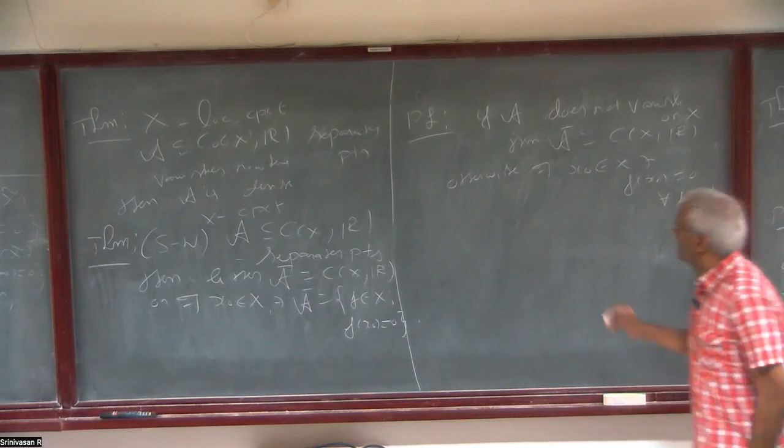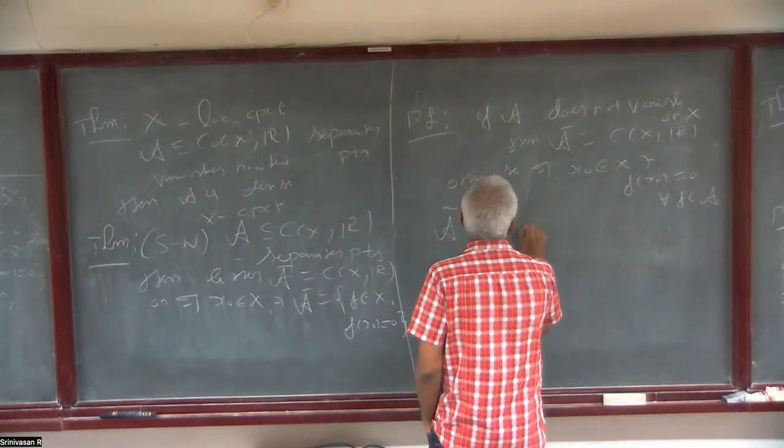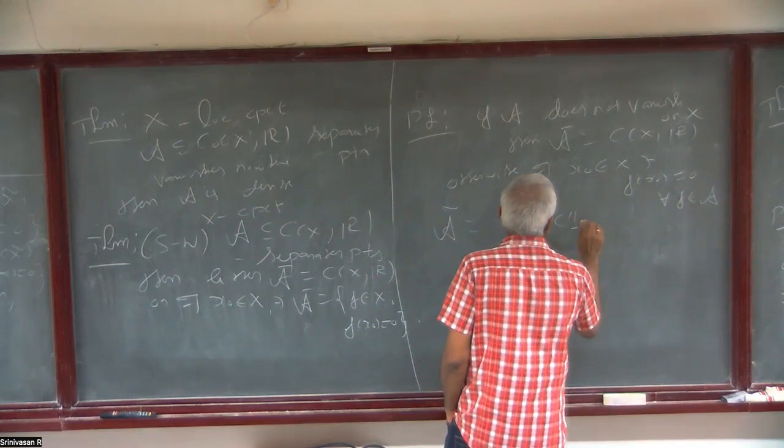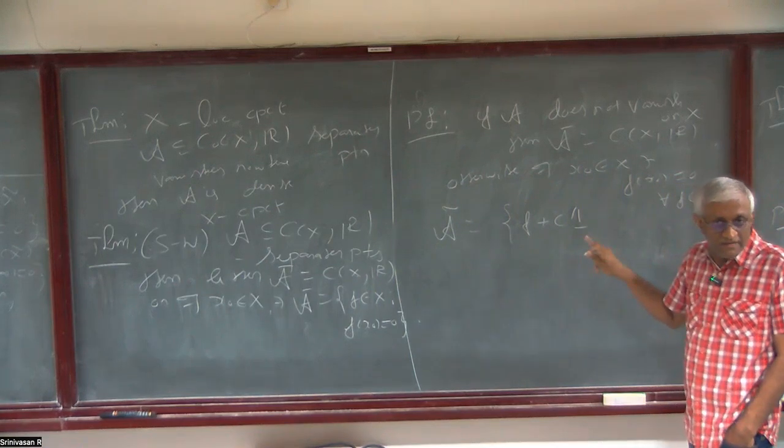Now consider A tilde equal to all those c times 1 plus f. I mean, c times 1 means it is a constant function. This is clear, no?